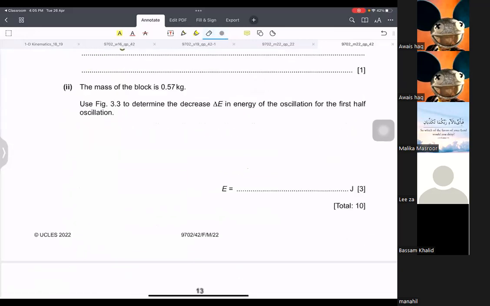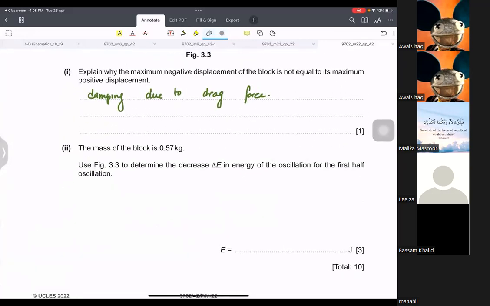So we got this, and what else do we need? The energy formula, to determine the decrease in energy of the oscillation for the first half. Decrease. Okay. So energy is equal to half m omega square x naught squared. So we have to get one and two, half m omega square x naught squared.